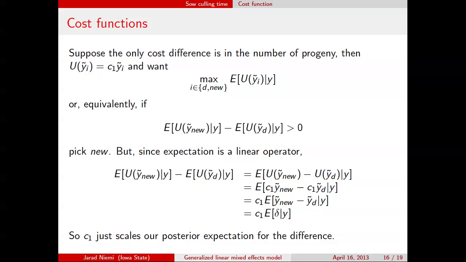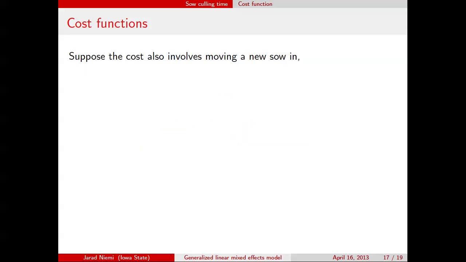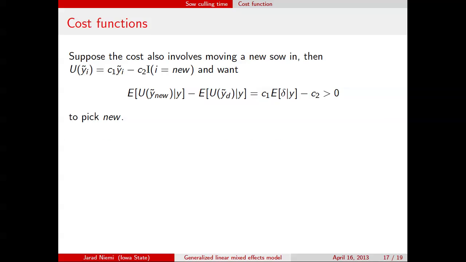And we're done. The next slide says, okay, what happens if we actually have costs for moving a new sow in, right? Maybe there's transportation costs for getting that sow from wherever it is into the production facility, right? Well, then you get this kind of formula, right? It, again, only depends on the expectation of delta, right? Plus the cost for the piglets versus the cost for bringing a new sow in.